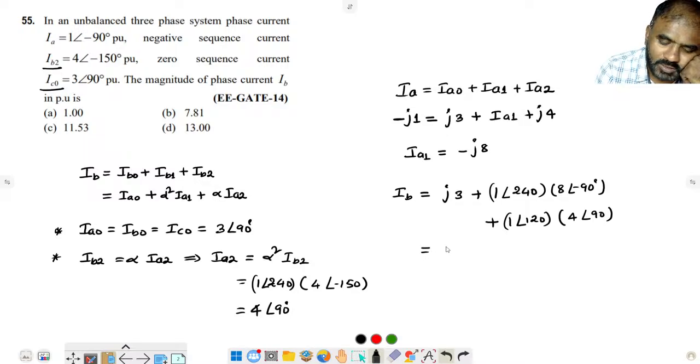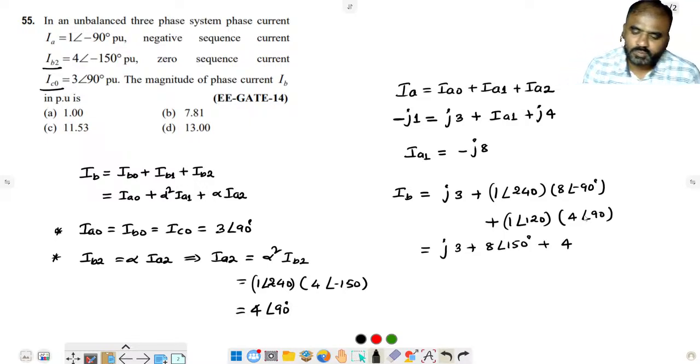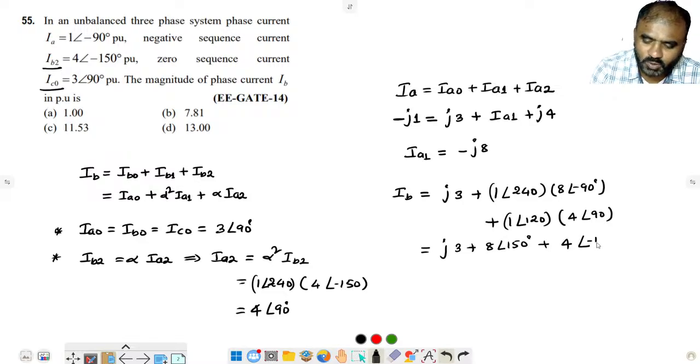So if you solve this, j3 will be there. 240 minus 90 is 150, so 8 at an angle 150 degrees. Plus 4 at an angle 90 degrees plus 120, which is 210 degrees, otherwise 4 at an angle minus 150.